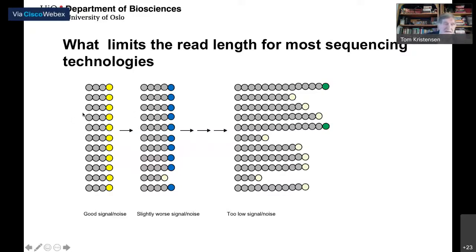So this is one of these clusters containing up to 500 copies of the same DNA, which we saw on the Illumina substrate. And we have performed the first sequencing reaction here. We have added a yellow nucleotide to all the fragments here.